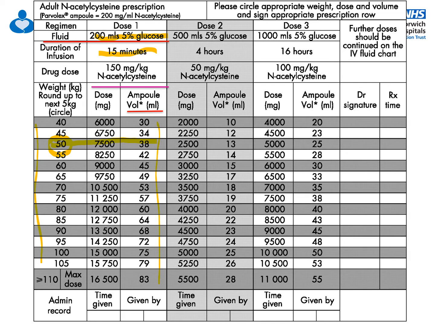Once that bag has gone through, we then straight away move on to dose 2, which again, we follow the line across. So the volume we need is now 13 mils, and it's going to go in 500 mils of 5% glucose, which is just a bigger bag, and this time it's going to go over 4 hours.